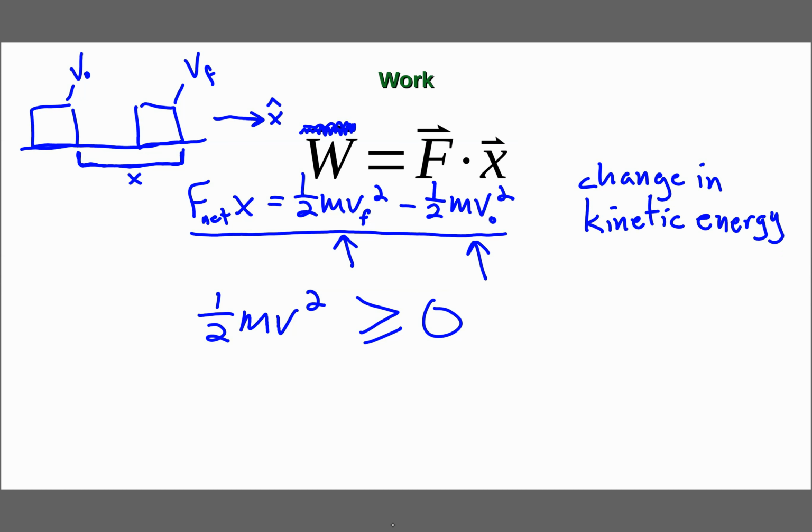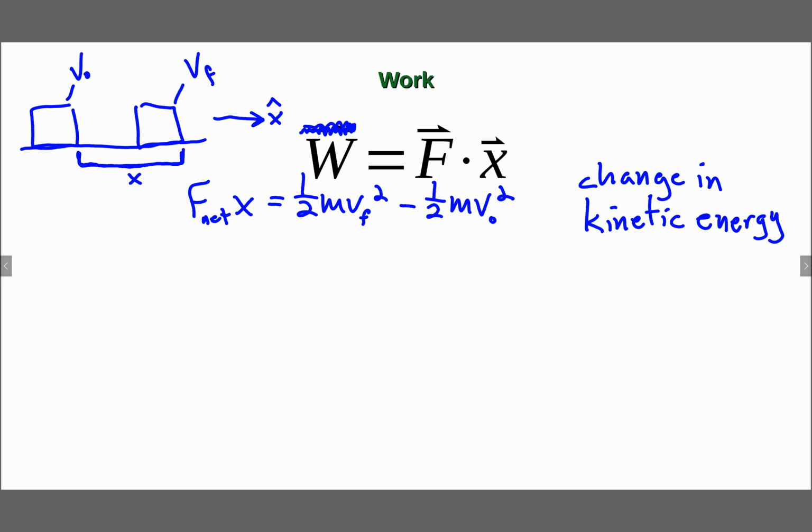So just like displacement was x final minus x initial, and that was the change in position, this equation is kinetic energy final minus kinetic energy initial, which is the change in the kinetic energy.